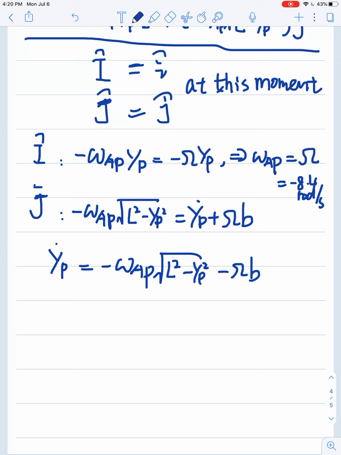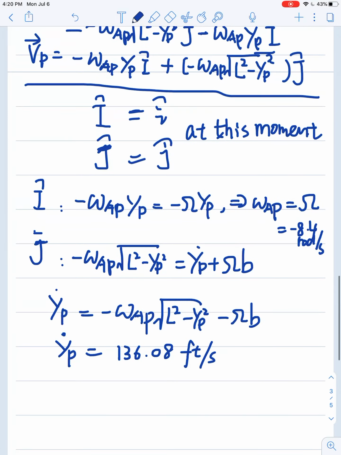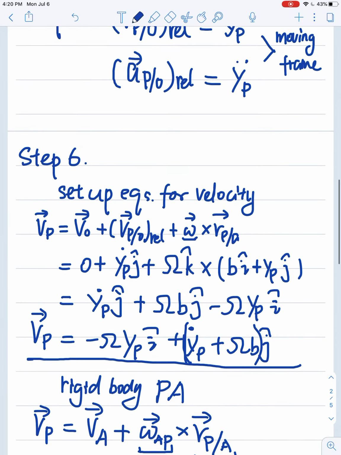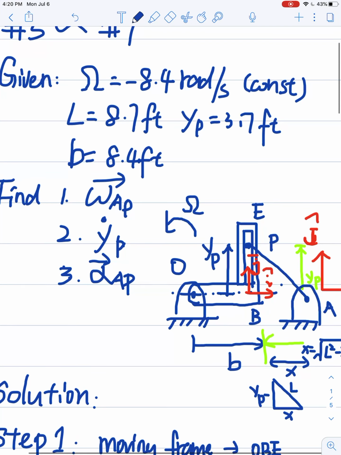If we plug in all the numbers, we will find YP dot is about 136.08 feet per second. So that's the speed at which the particle P is moving inside of the slot. Right, that's how you find omega AP and YP dot.